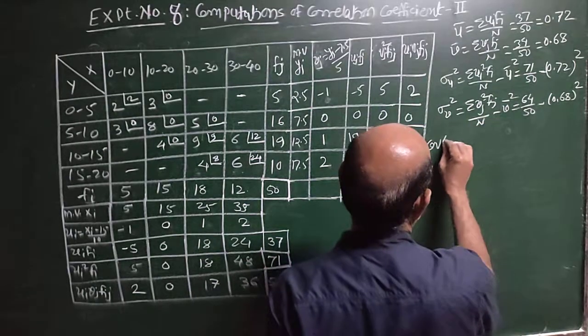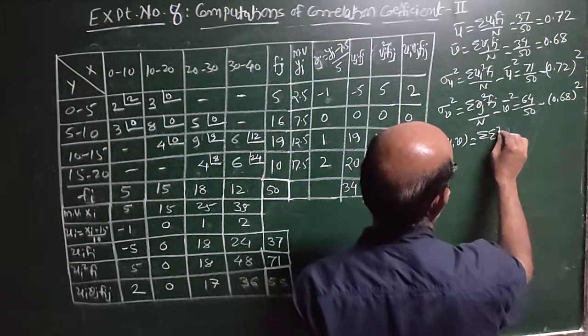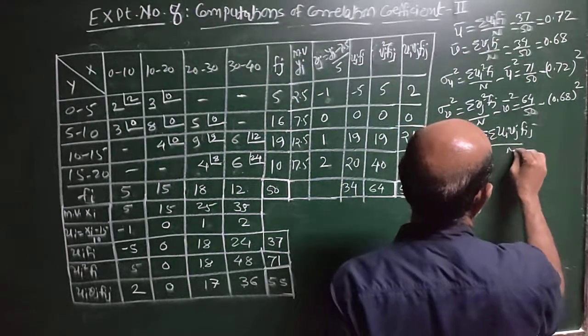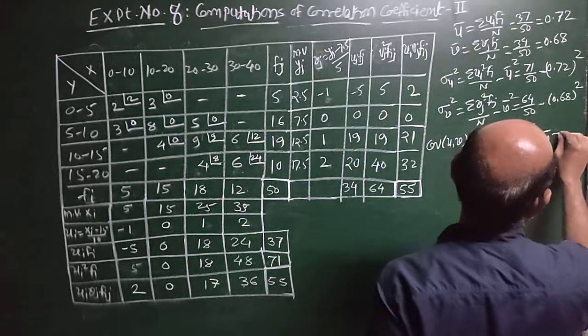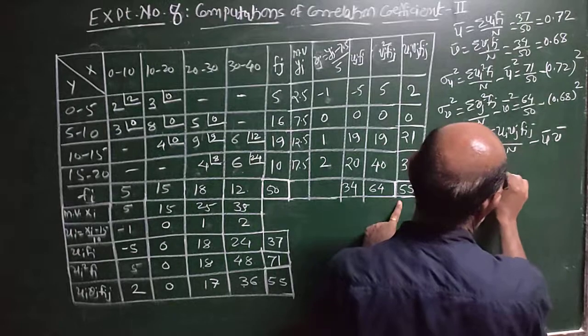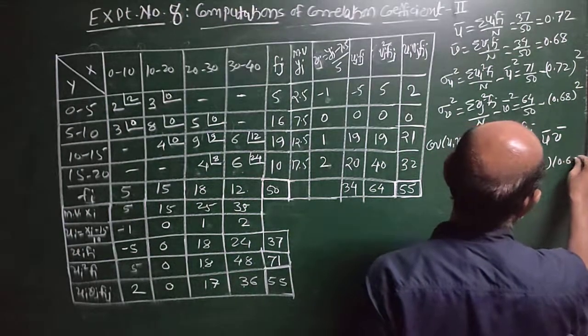Then covariance between u and v can be obtained as double summation ui vj fij divided by n minus u bar into v bar. So this is 55 divided by 50 minus 0.72 into 0.68.